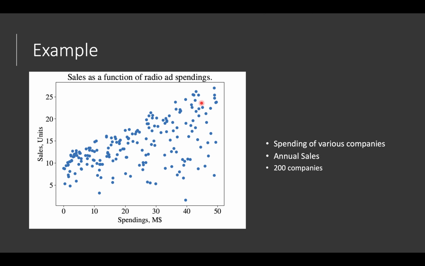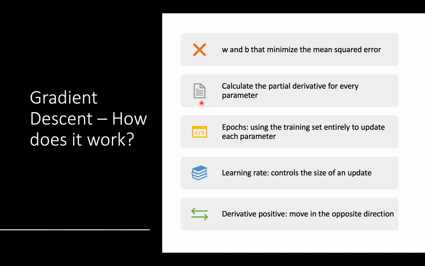And remember that the linear regression model is f(x) = wx + b, and we don't know the optimal values of w and b. If you remember, to find them, we looked for the values such that w and b minimize the mean squared error, and gradient descent starts with calculating the partial derivative for every parameter, our parameters being w and b.